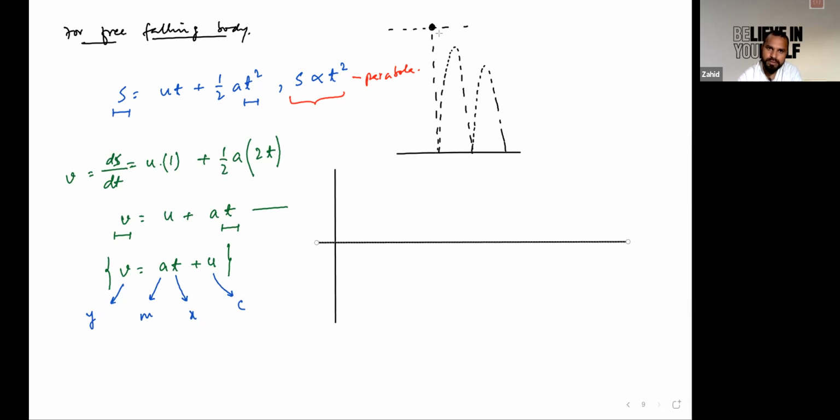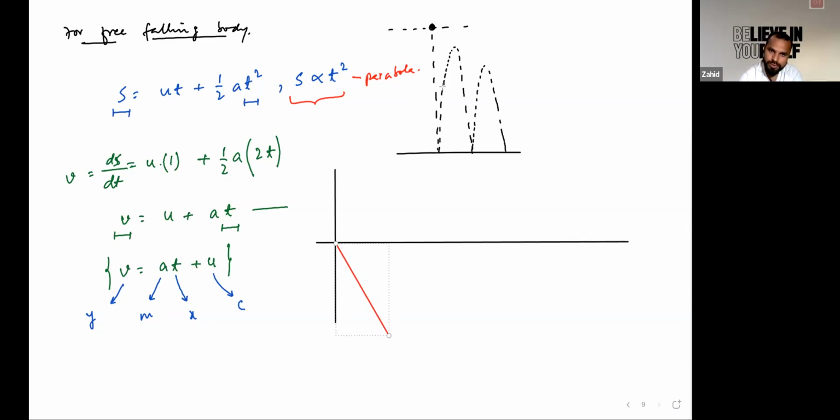Since at this point the initial velocity of the body is 0, u will be 0. And it is going along the downward direction, in which gravity would be negative. So the slope would be negative, and you will get velocity as negative. So if we draw, it will be like this. Now on hitting the ground, its direction gets reversed, so velocity will become positive.